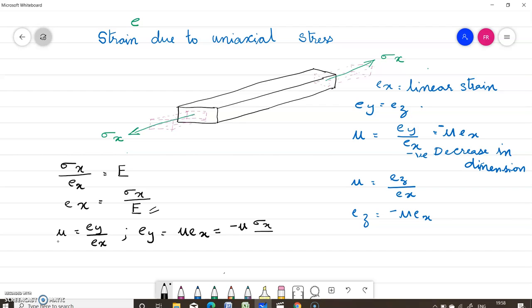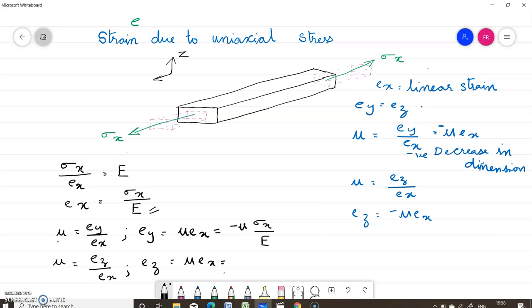So Ey is minus mu into sigma x divided by capital E. Now what is Ez? Ez also you can write here, mu is Ez by Ex. So Ez is equal to minus mu into Ex. Here also there is reduction in dimension in the z direction. Let us take this as the z direction.